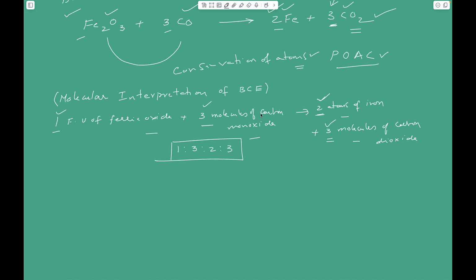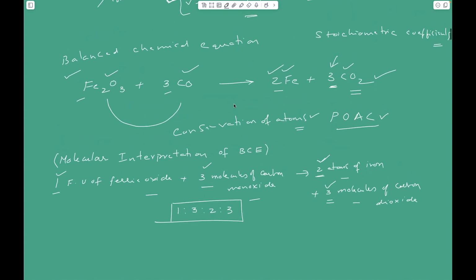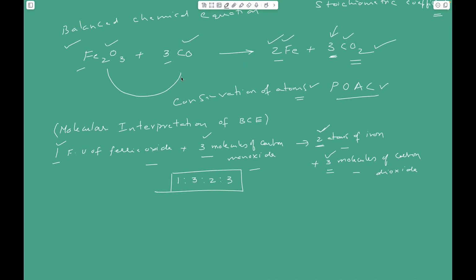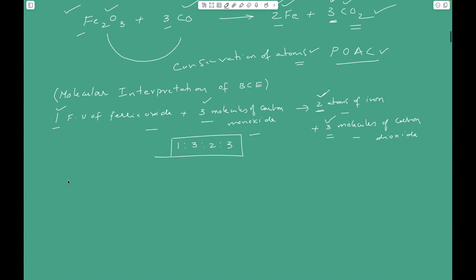Now we can treat this chemical equation like a mathematical equation, and multiply all the terms with the same number without causing any imbalance in the equation. Now let us multiply each term in this equation with Avogadro's constant.